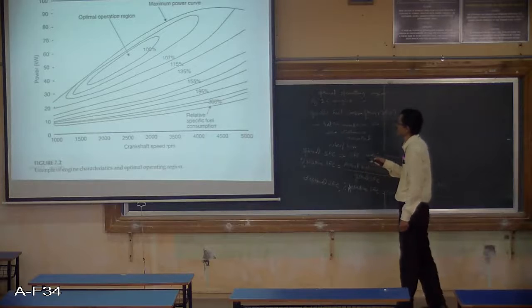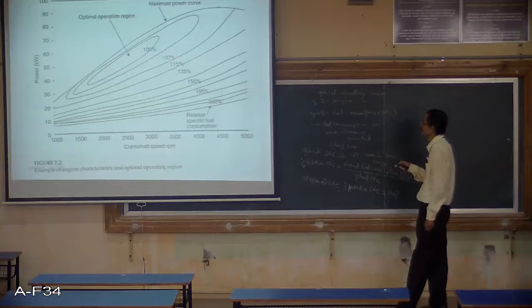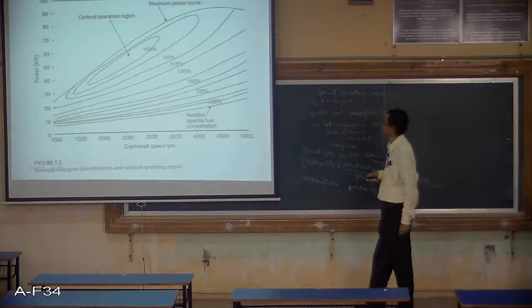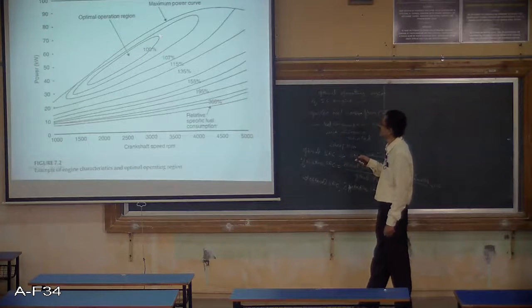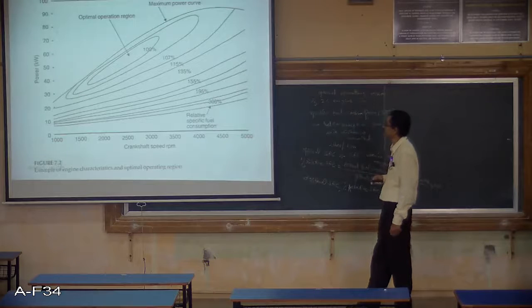So you can see this specific fuel consumption will increase as a result of increase in the crankshaft speed beyond this range. Now here, from here till here, you get the optimal operating range for the engine, this much, and that too within this particular narrow part.